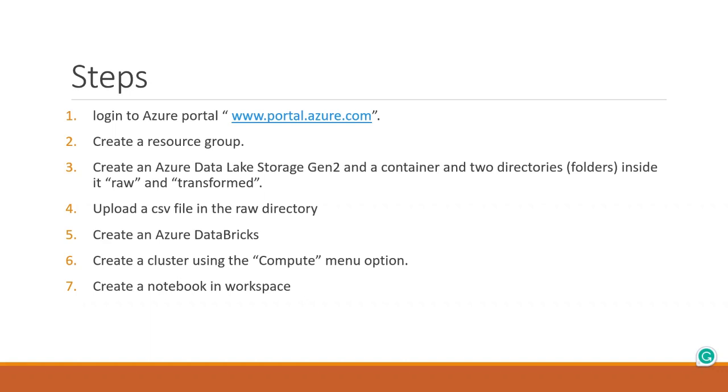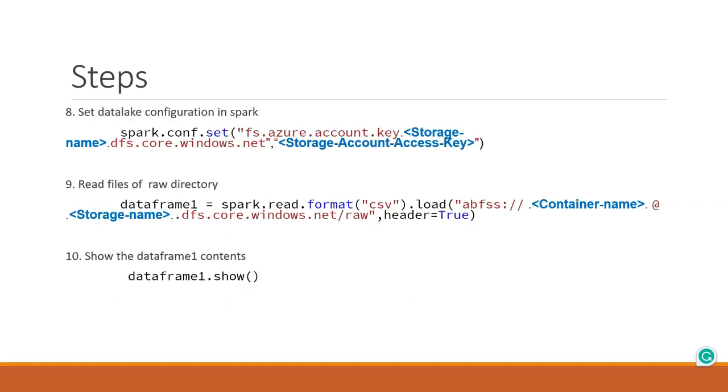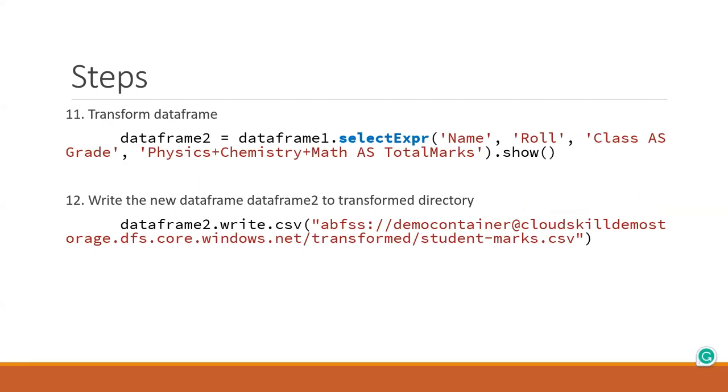Then we uploaded a CSV file in the raw directory so that it can be accessed and transformed. Then we created Azure Databricks, created a cluster using the compute menu options, created a notebook in the workspace, and followed the steps we have taken. First we set the configuration, then read the file from the data directory, then we transformed the data, and finally we wrote it.